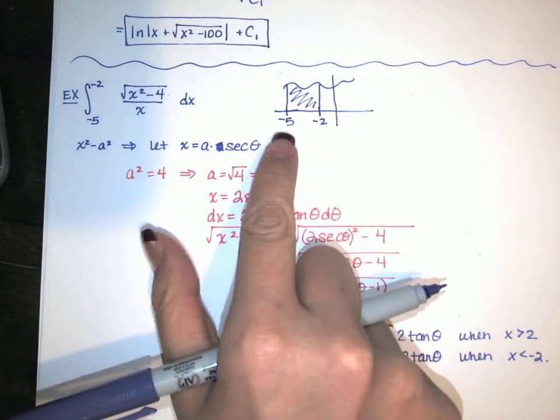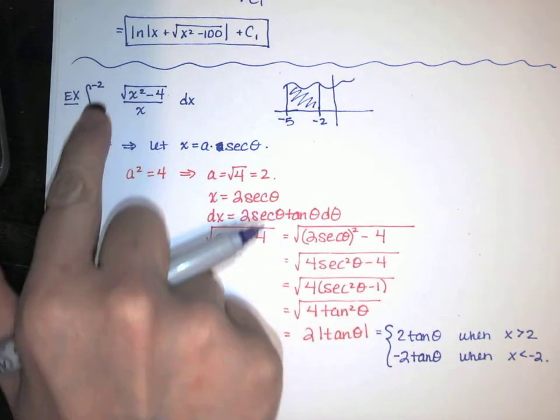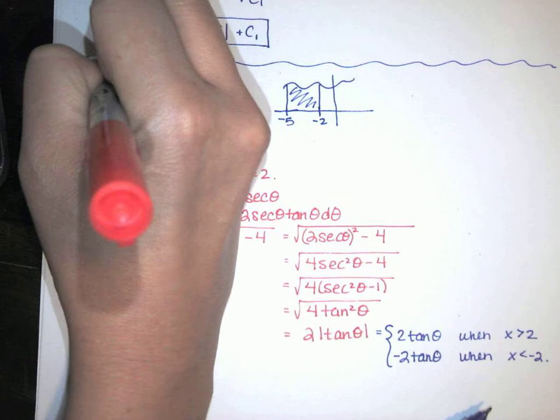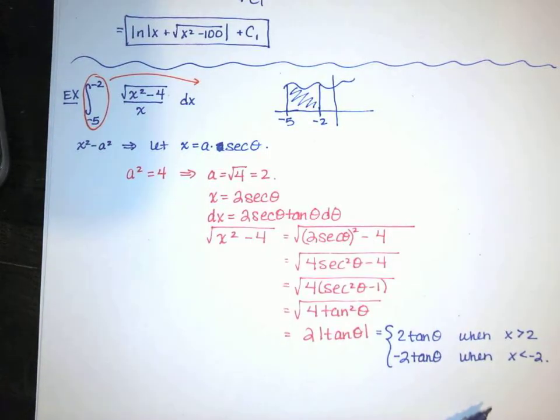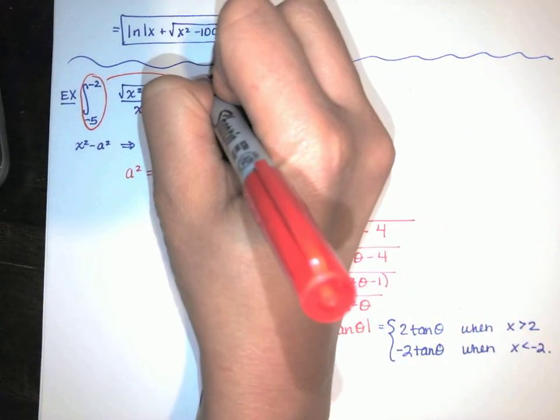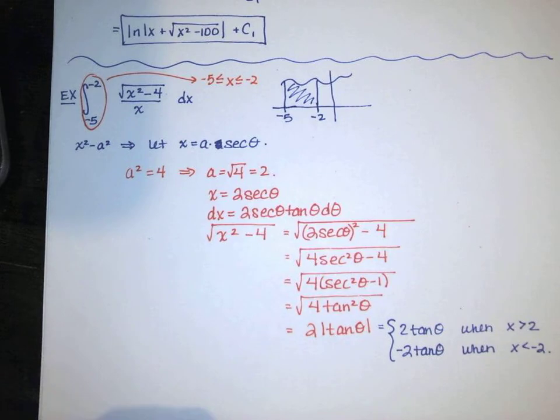But you get the idea. It says start here and end here. So what this is telling me is find the area under the curve, or the area between the curve and the x-axis, the net area, when x is in between -5 and -2. That's my lower bound, that's my upper bound.